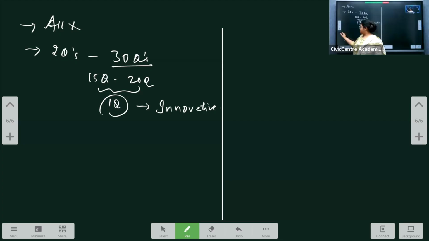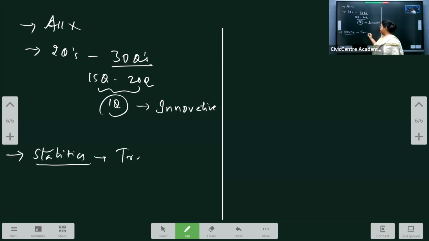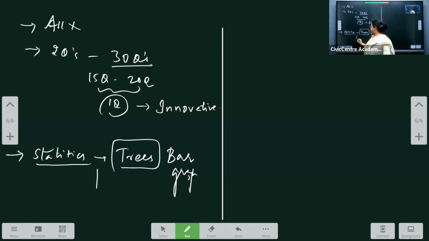If I'm asking statistics, giving statistics of vegetation of a particular area or the trees that are available in a particular area in a bar graph, for a question in geography, that becomes innovative.